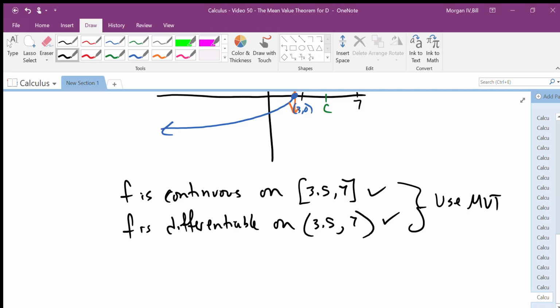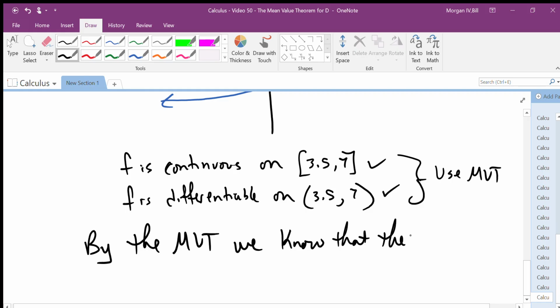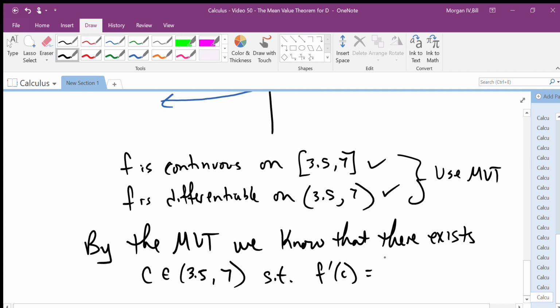MVT guarantees us that there is some C value between 3.5 and 7 such that this occurs. So by the mean value theorem, we know that there exists a C in the interval (3.5, 7) such that f prime of C is equal to f of B minus f of A over B minus A.